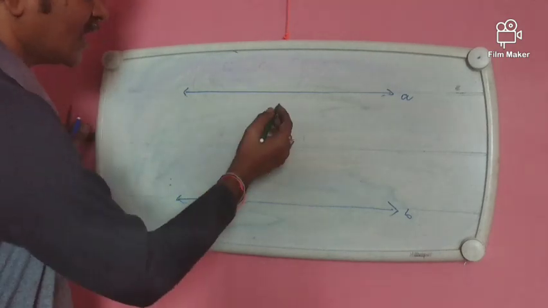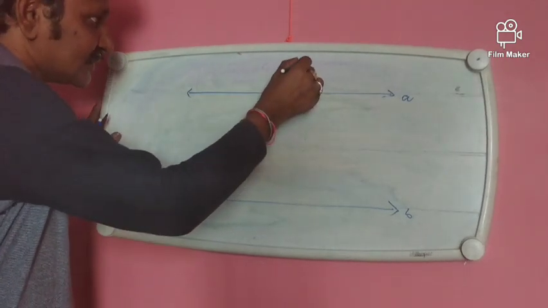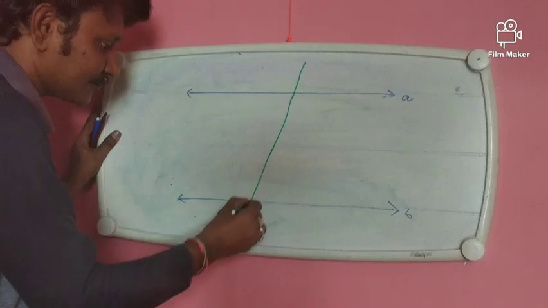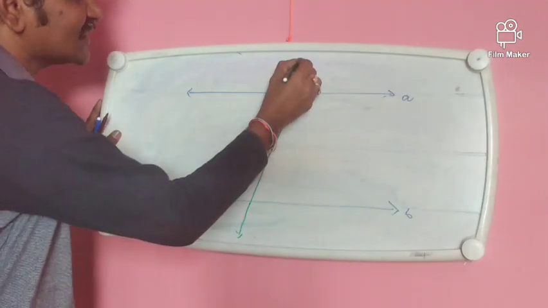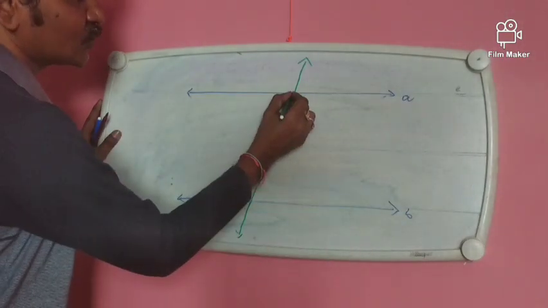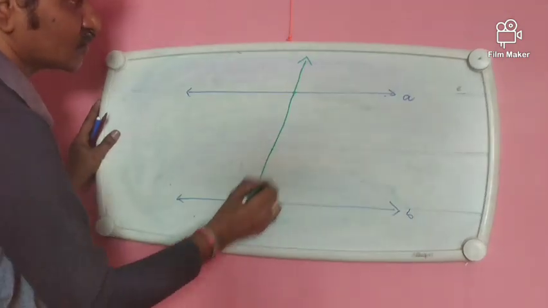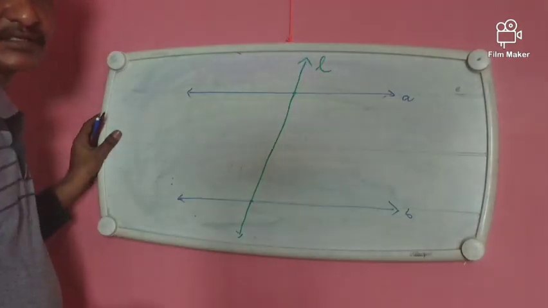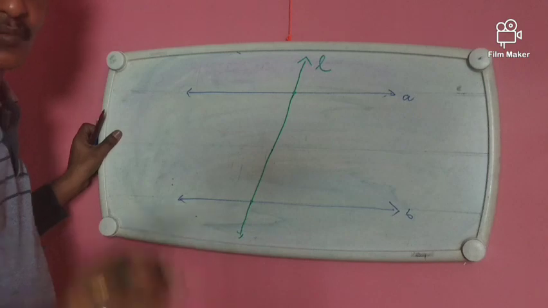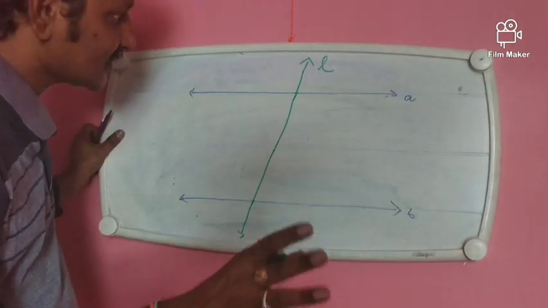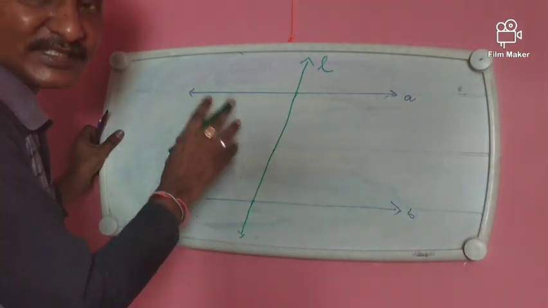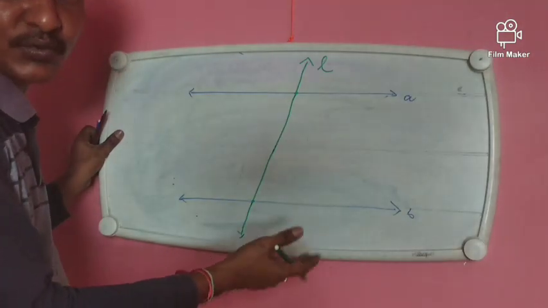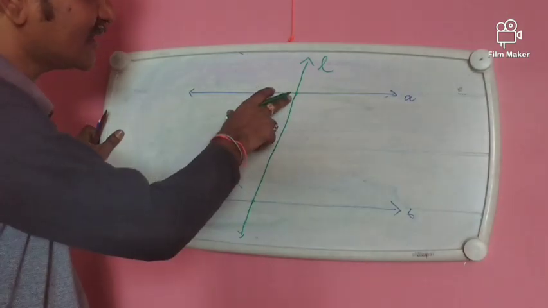Now I am drawing one more line which intersects the two parallel lines at two distinct points. This is L, and it is called a transversal. What is a transversal? A transversal is a line which intersects two lines in a plane at distinct points.